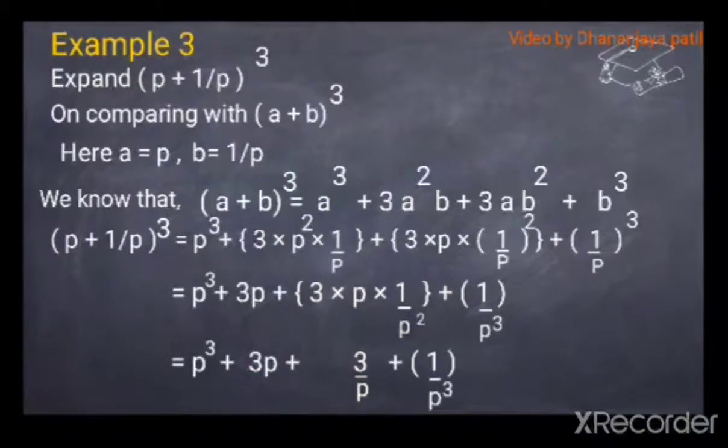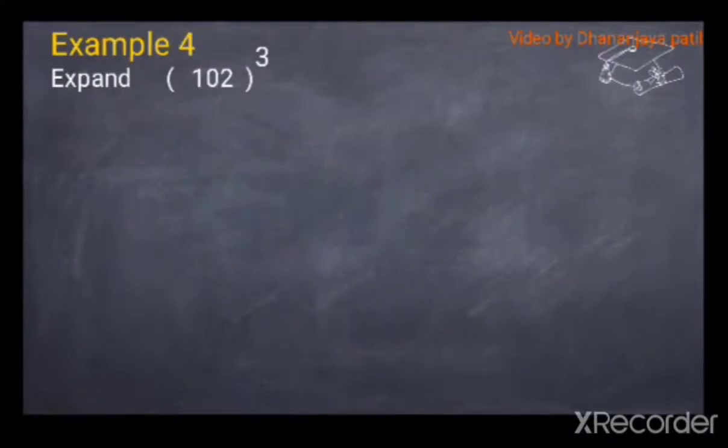This expansion we can use to find the cube of any number. Let us solve an example to find the cube of 102. We can write this 102 in the form of 100 plus 2. So this bracket looks like (a plus b).